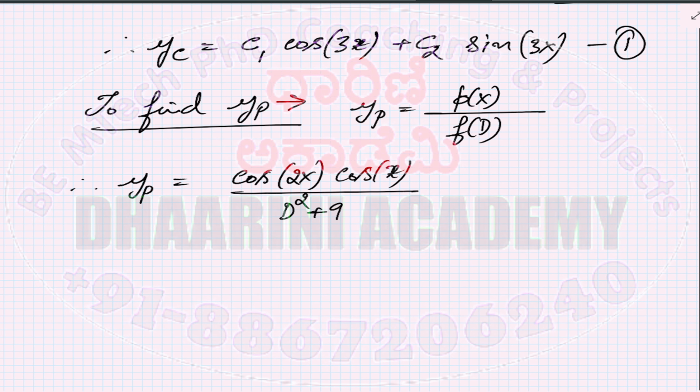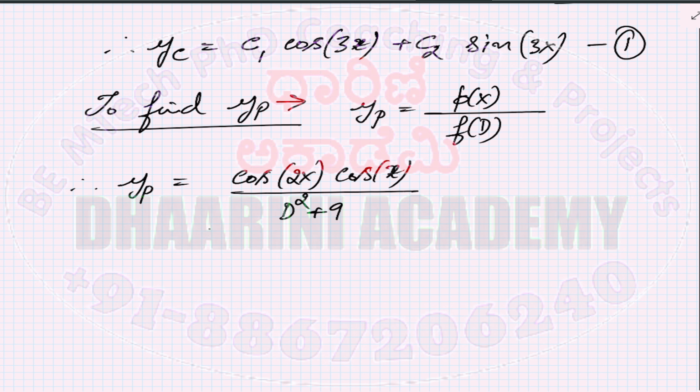This is the f of d. Now I know that I can make a substitution like d square as minus a square. But what is the a? I don't know, because there are two cosine functions, a cos a and cos b. I cannot take this. It has no straightforward solution unless I use some trigonometric identity and bring it back into some other format.